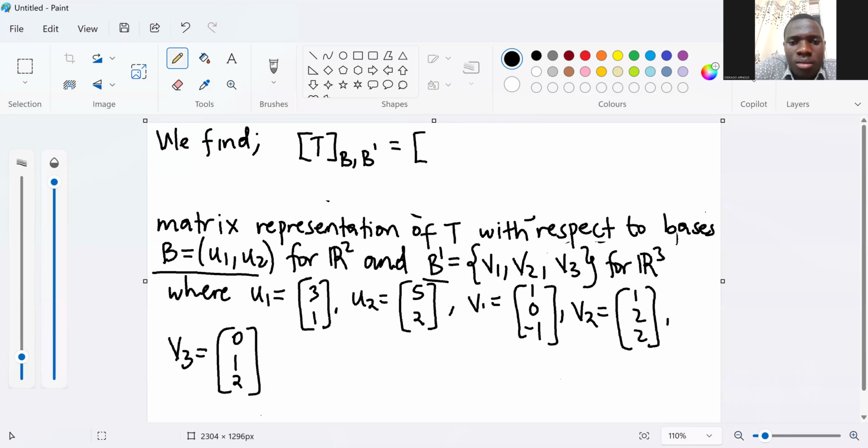So this is now made with the TU1, from the definition, not the second definition.